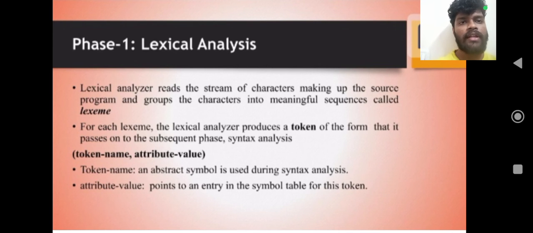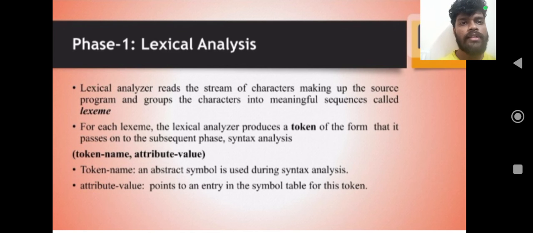The lexical analyzer reads the stream of characters making up the source program and groups the characters into meaningful sequences called lexemes. That is, the lexical analyzer's job is to group these characters and make sequences called lexemes.